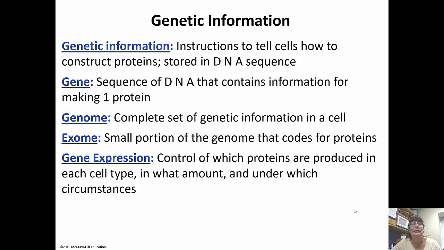An exome is a small portion of the genome that codes for proteins, and then we're going to express whichever proteins the DNA basically tells us to express. So gene expression is how we control what proteins are produced in each cell, how much of the protein is produced, and under what circumstances the proteins are going to be produced.